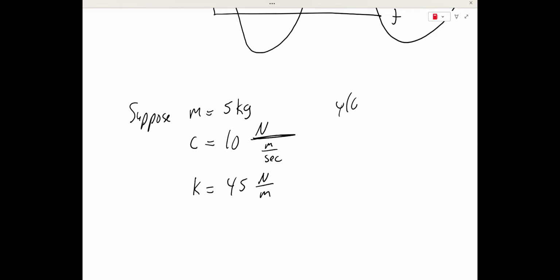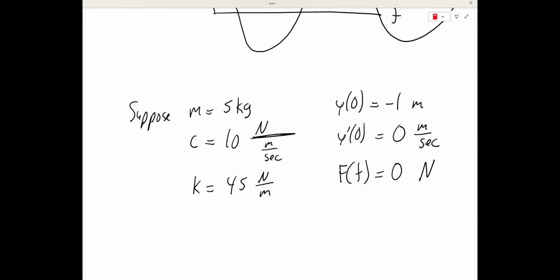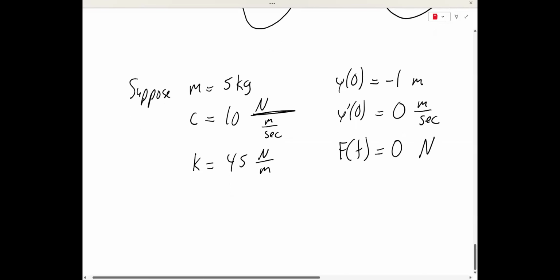And say y of 0 is equal to -1 meter. y prime of 0 is equal to 0 meters per second. And the external force here is, again, 0. So no external forces on it. Okay, I want to find y of t in meters.